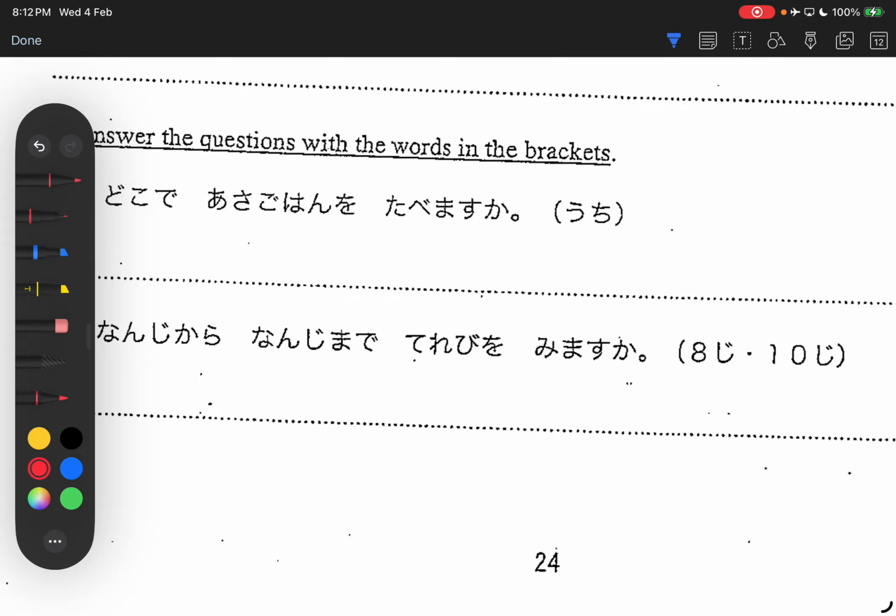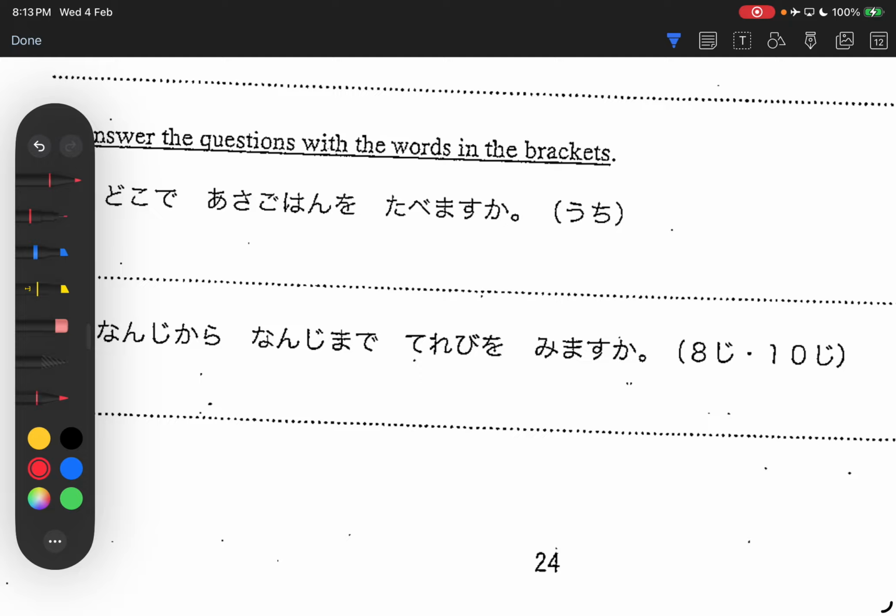I know in English you can say 8 until 10, like in Chinese you can say 8到10. But in Chinese and English, the kara-made is in front of the number. In Japanese it is behind the number, which makes it very difficult. So we have to say 8時から10時まで.